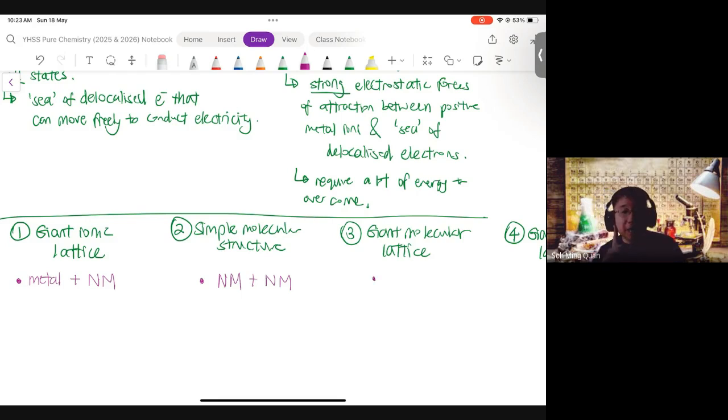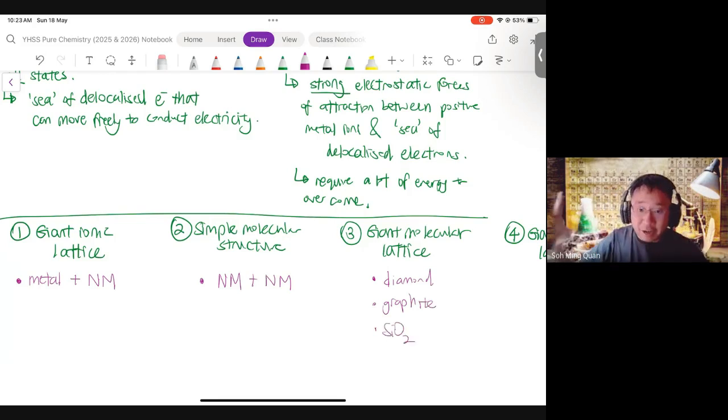Now, giant molecular, it pays to learn by heart because giant molecular is a smaller group, not so many things. That's why I gave you examples in the notes. The 3 most important examples: diamond, graphite, SiO2. But this is where you extend your understanding. Oh, diamond, also silicon has a similar structure. Silicon carbide, similar structure.